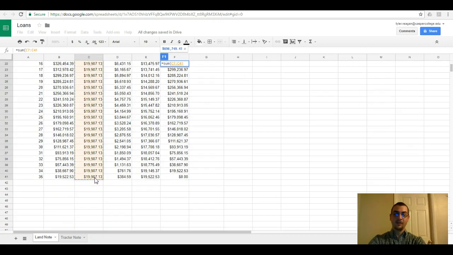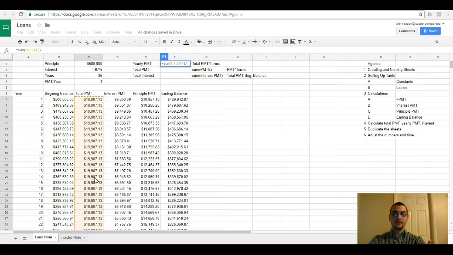I highlight all of the payments divided by the number of times we pay. So the number of times we pay is equal to the years times the payments per year. Either way, we come up with the same number. A simple solution is just to say this is equal to a payment times the number of times we pay per year.